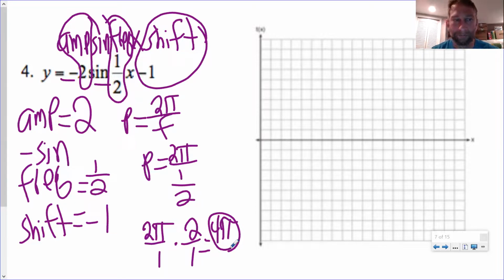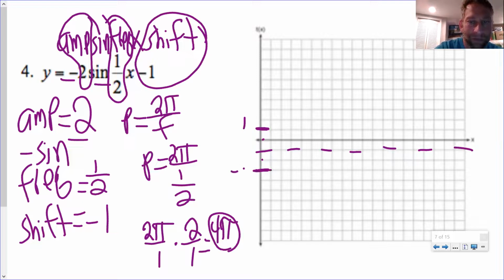Okay. My shift is -1. I always start with my midline, my shift. The amplitude is 2. So from the midline, I'm going up 2 and down 2 to +1 and -3.